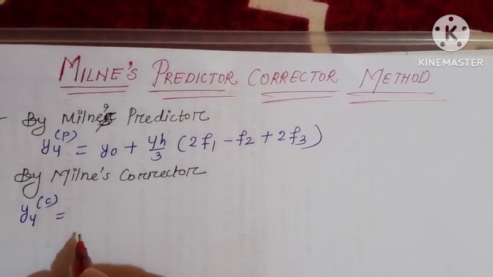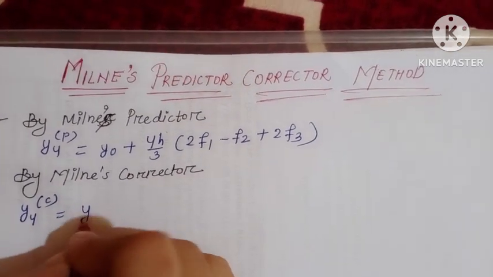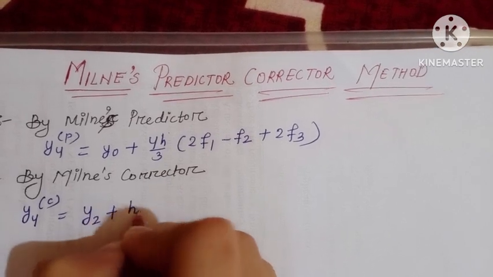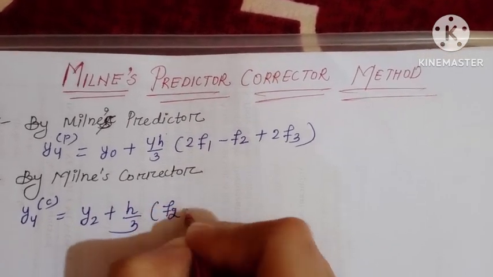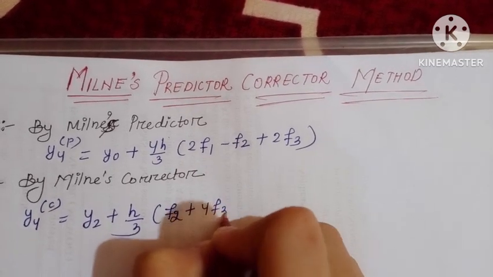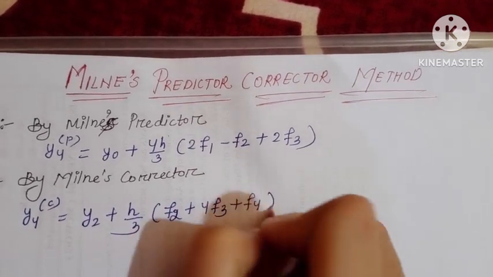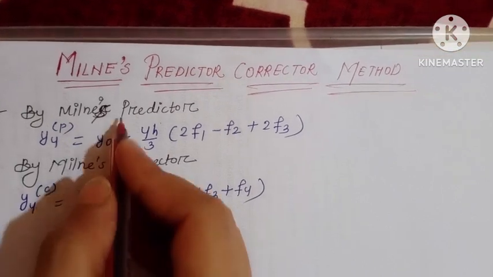And Milne's corrector is equal to Y2 plus h by 3 times (F2 plus 4F3 plus F4). So there are two formulas.